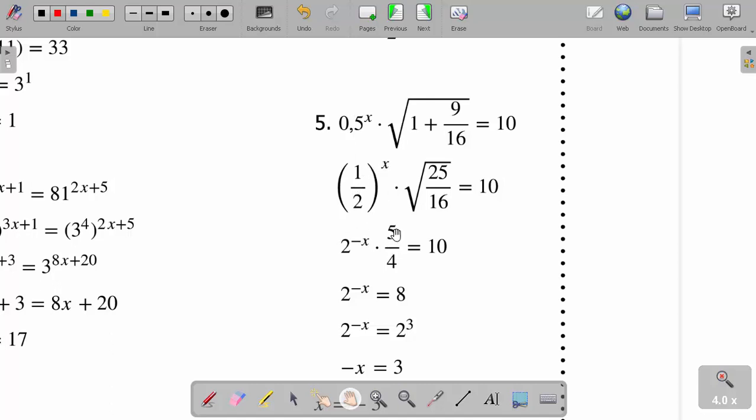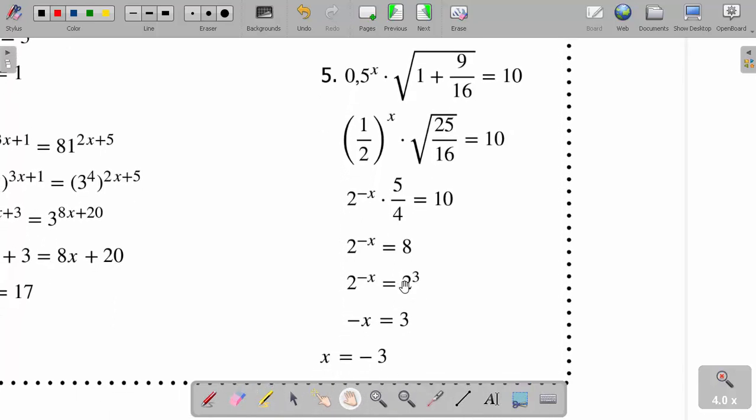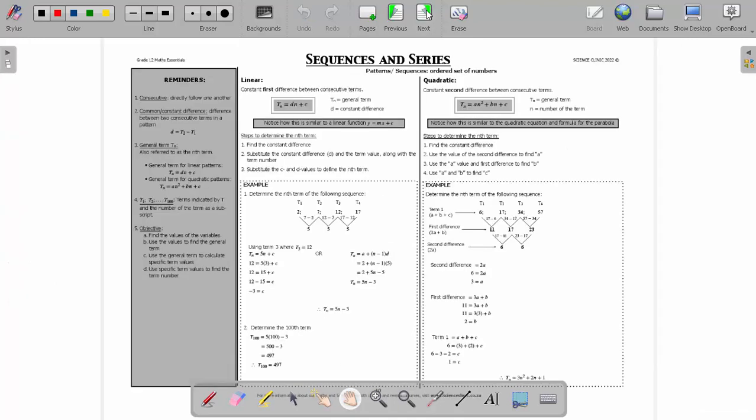Then I have 5 over 4 equals 10. So what do I do? Multiply by 4, divide by 5, which gives me 8. Okay, but what is 8? The same as 2 power 3. And because I have the same base, which is 2, then I drop the bases and equate the exponents, which gives me x equals minus 3 as my final answer. Hope we are still together.